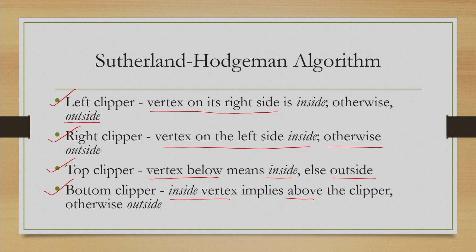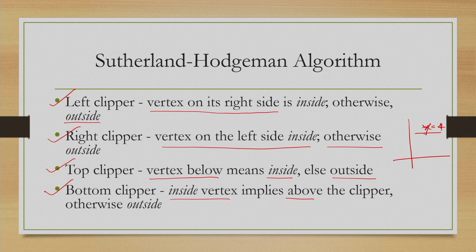And how do we determine whether a vertex is on the right side or left side or above or below? Just by comparing the coordinate values of the vertex with respect to the particular clipper. For example, suppose this is the top clipper, suppose its equation is given by y equal to 4.